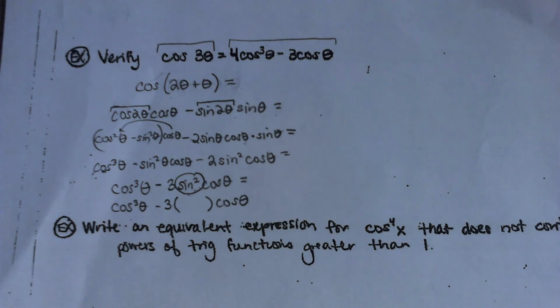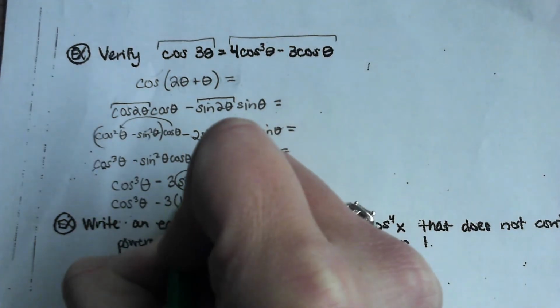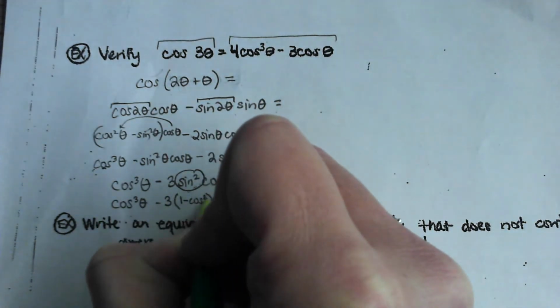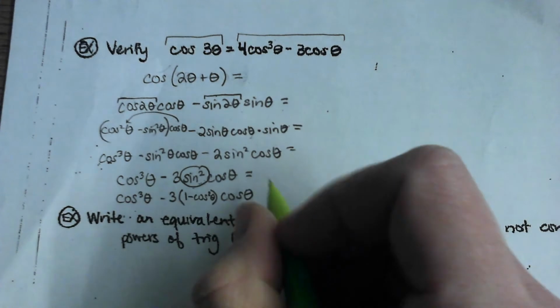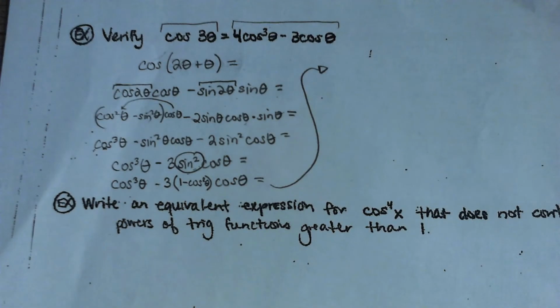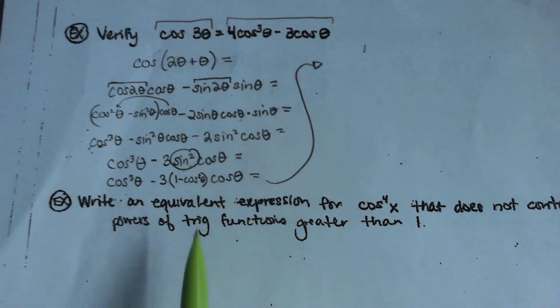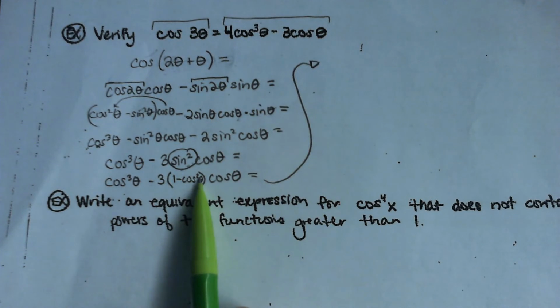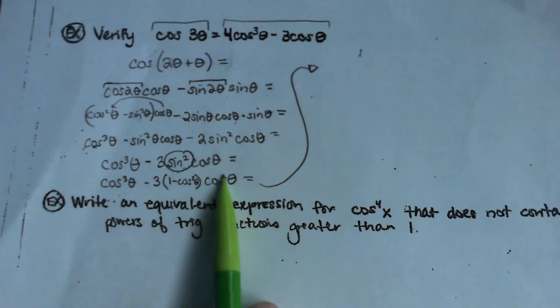Use your Pythagorean identity. Sine squared plus cosine squared equals 1, which means sine squared can be replaced with 1 minus cosine squared. And then on that binomial, I can now distribute negative 3 cosine.